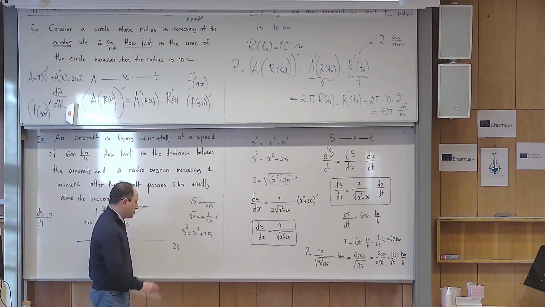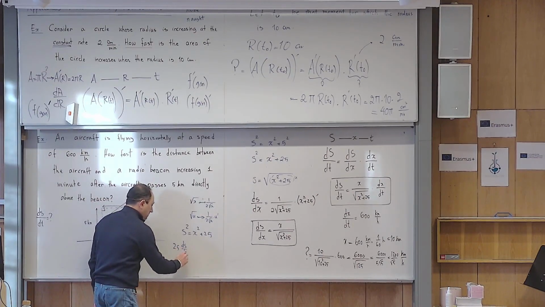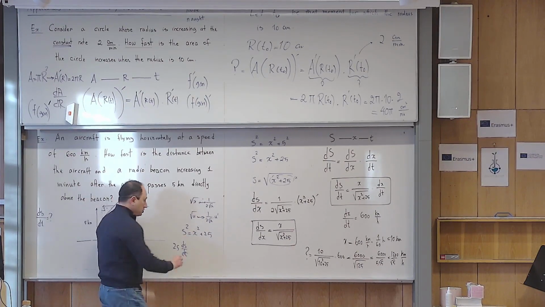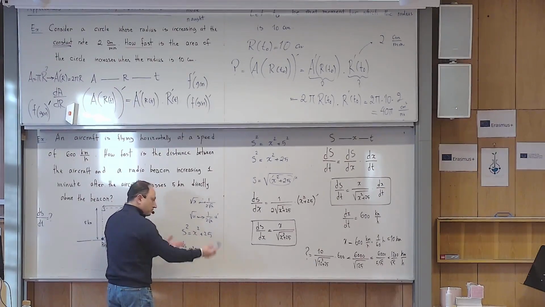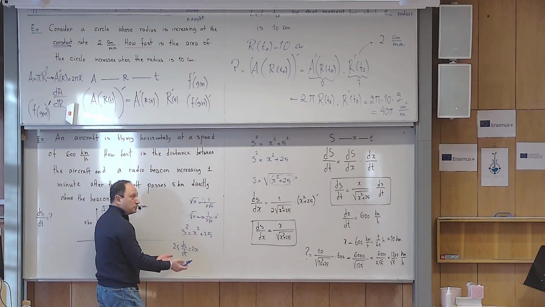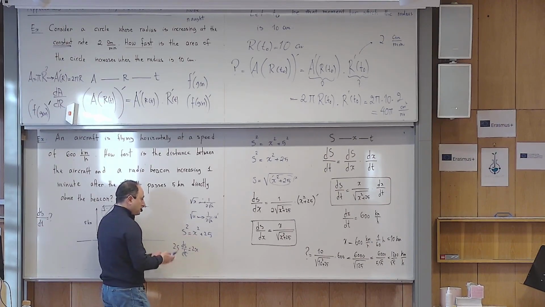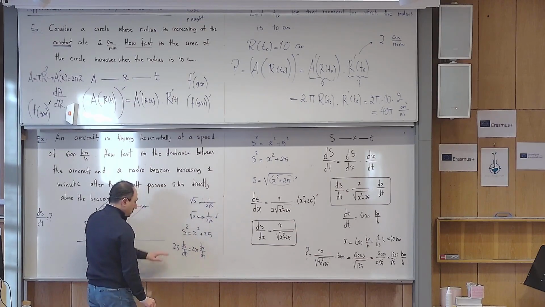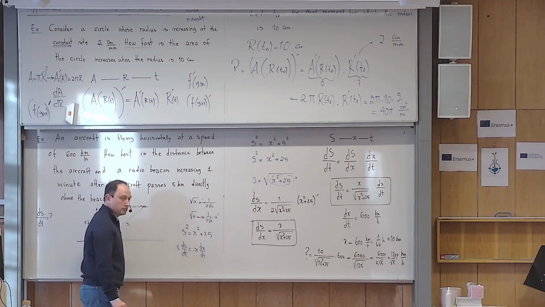But prime here means with respect to time. Yes? And then I do the same thing here. So it becomes 2x, but x prime. x prime is usually 1 because I am taking the derivative with respect to x. But here I am taking the derivative with respect to time. So it becomes dx dt. And this is 0. And then I can simplify 2's.